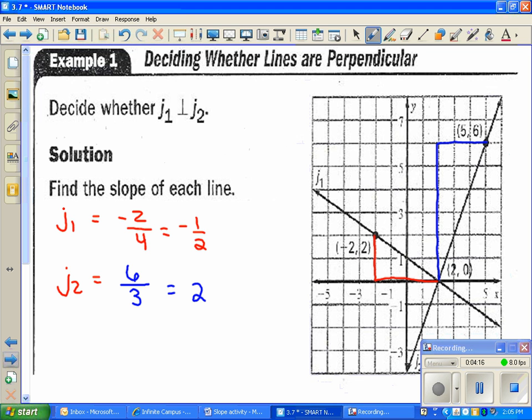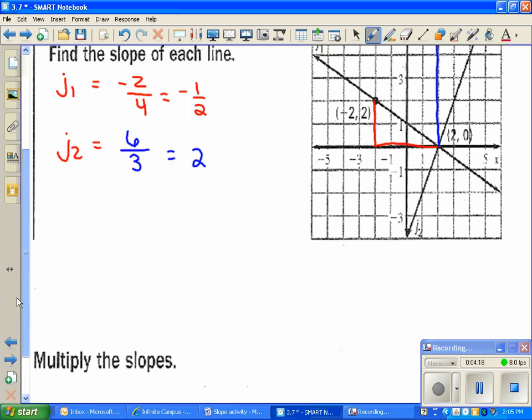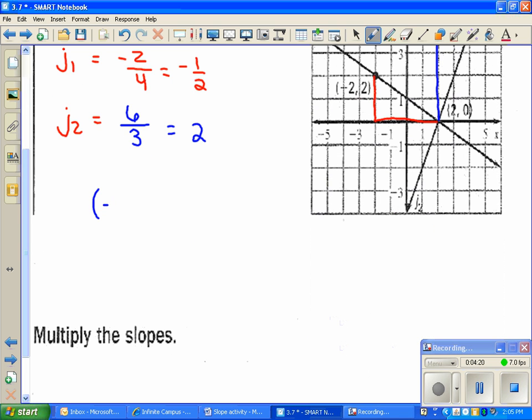If you couldn't tell that they're opposite reciprocals, you can always multiply them. -1/2 times 2 does give you -1, so they are perpendicular. J1 is perpendicular to J2. The upside down T is a symbol for perpendicular.